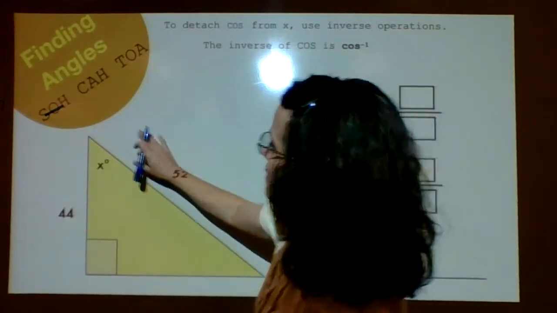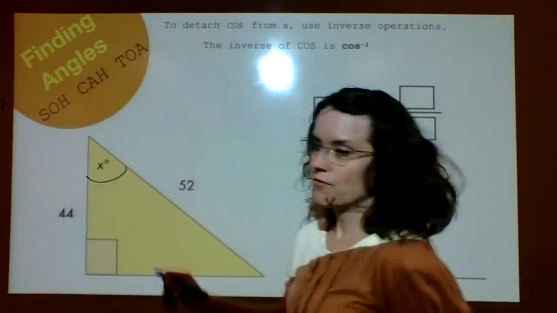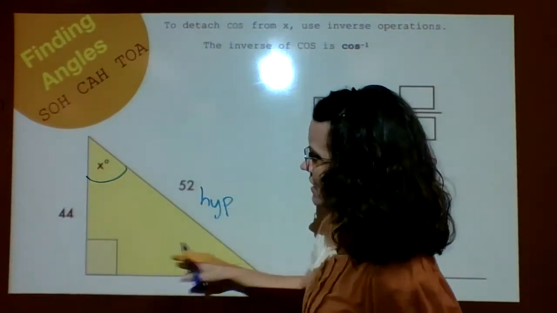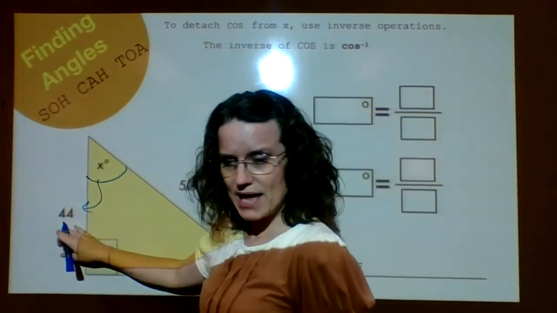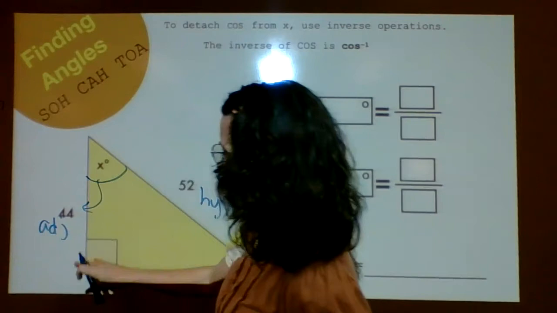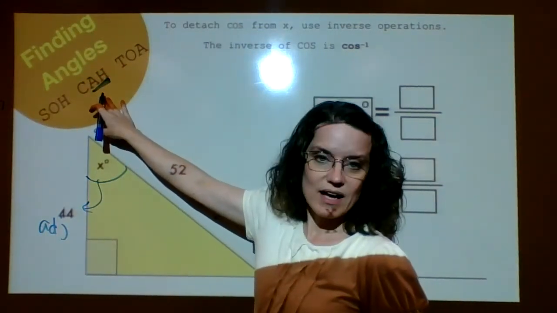The beautiful part is we can inverse all of our trig functions. So if I have this problem now, I am still looking for a mystery angle. I still have a hypotenuse, but this time I have the side that's adjacent to my angle. And so when I'm going to use an adjacent and a hypotenuse together, that tells me I'm going to use cosine.